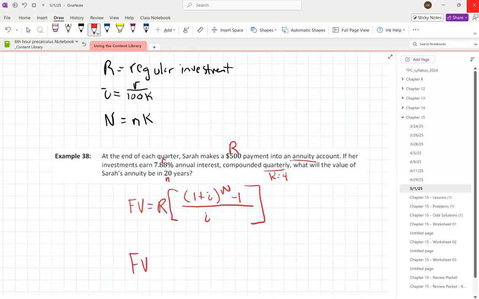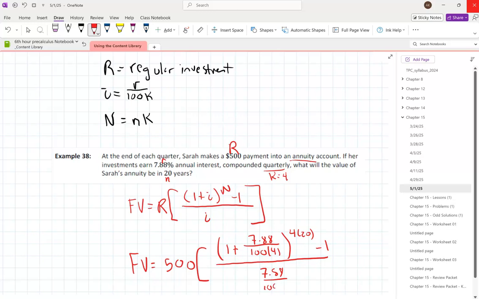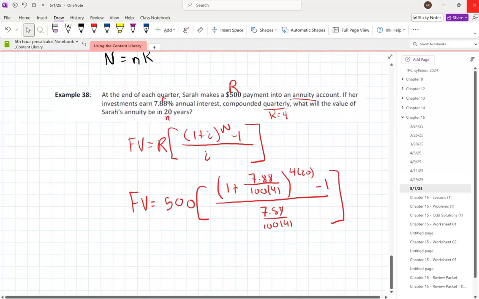So if I start filling things in, so there's everything filled in.